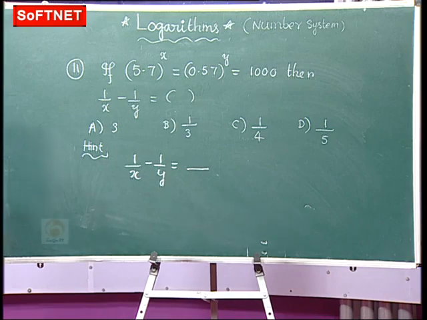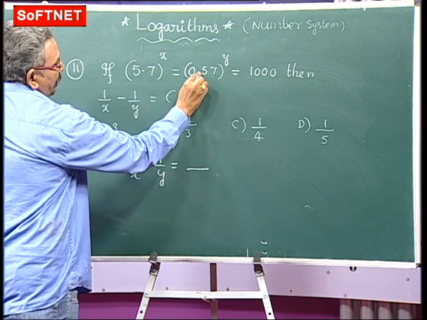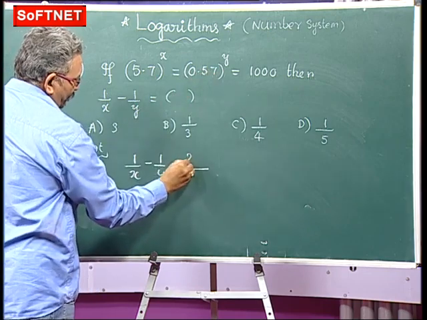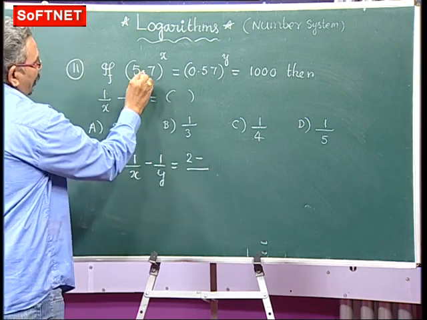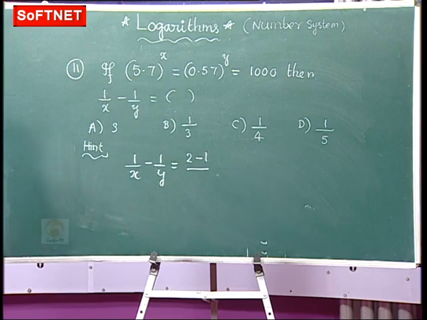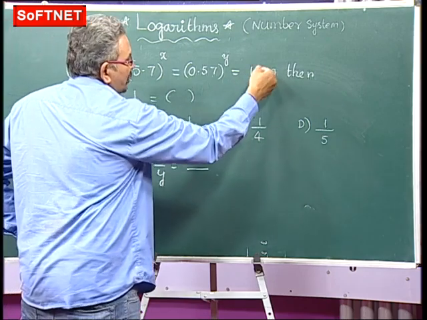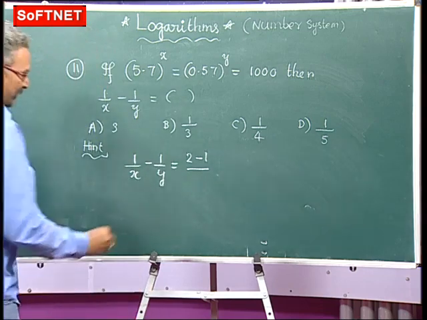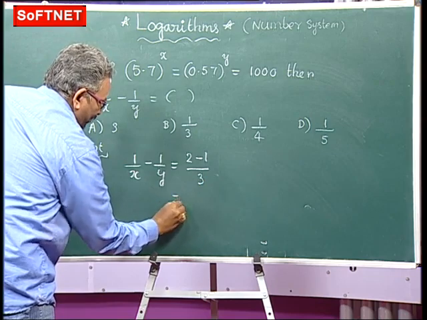What is the numerator? First you count the number of decimal places here, 1, and put a minus sign. How many decimal places here? 1, 2, minus 1. Here how many zeros are there? Very easy to count, 3, by 3 write down. So the answer is 1 by 3.